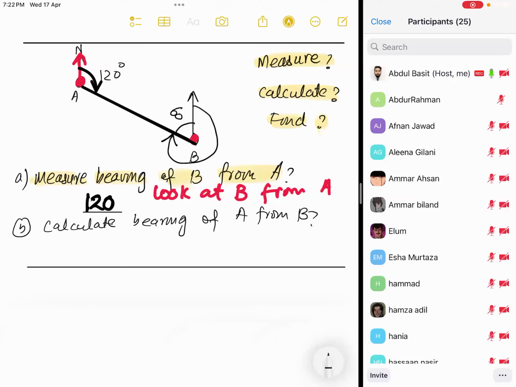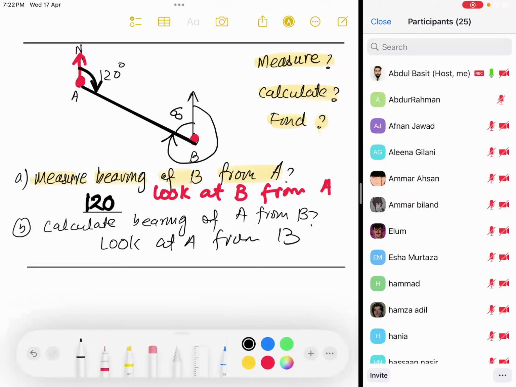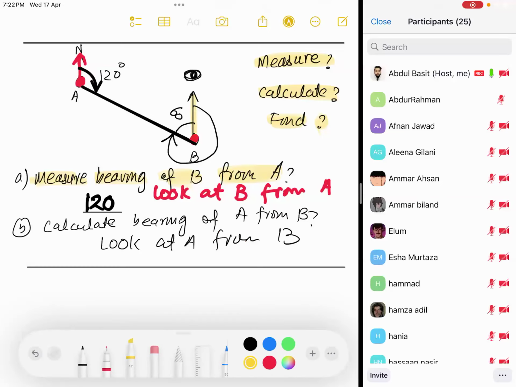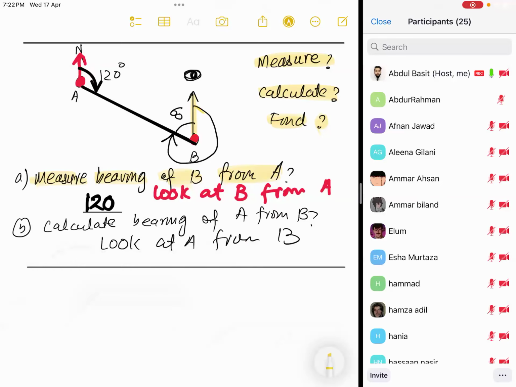Now the examiner says calculate the bearing of A from B. So the sentence is: look at A from B. For example, I know that I'm standing here for a while. I have to look at A. So that is my eyesight. I have to proceed clockwise this way in order to get this angle.